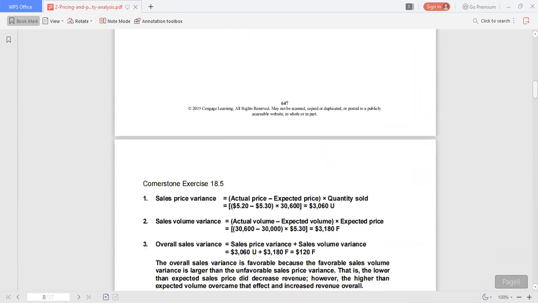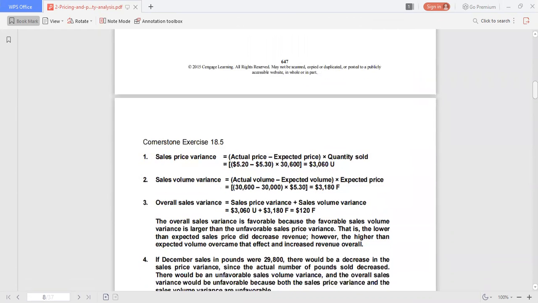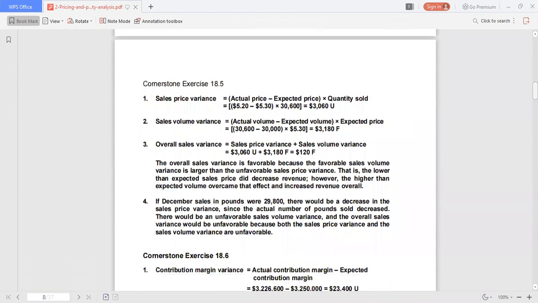For the sales price variance, we have the formula for the actual price minus the expected price, and we have to multiply that by the quantity sold. And by the way, when we talk about the expected price, we are also referring to this as the budgeted price.